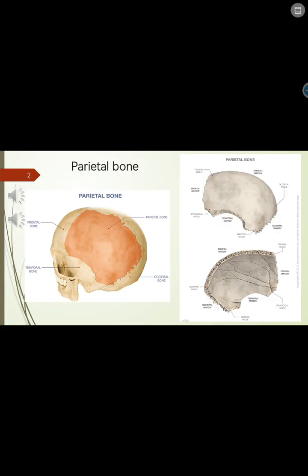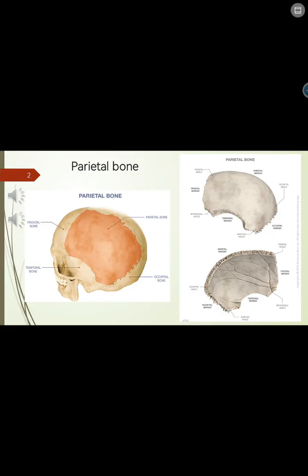Okay, as I said, this bone has two surfaces, external surface and internal surface. The external surface is convex and smooth with a central parietal tuber or tuberosity. Another thing that we can see on the external surface is the temporal line.